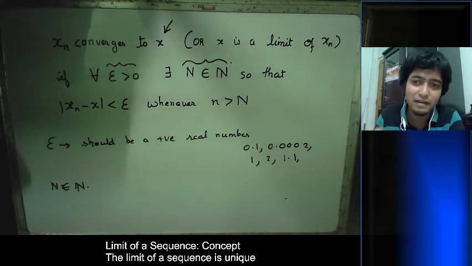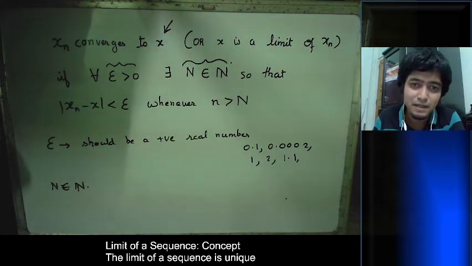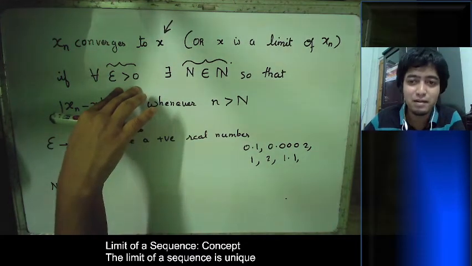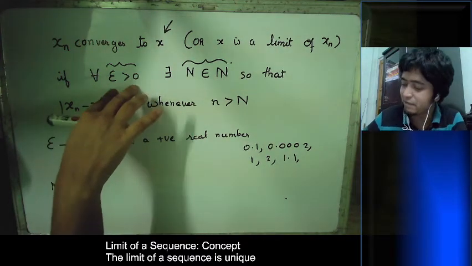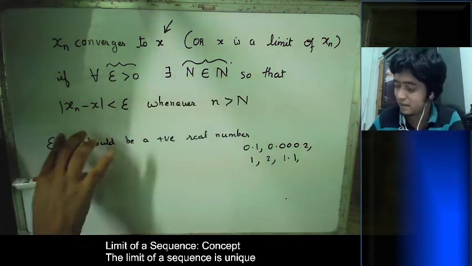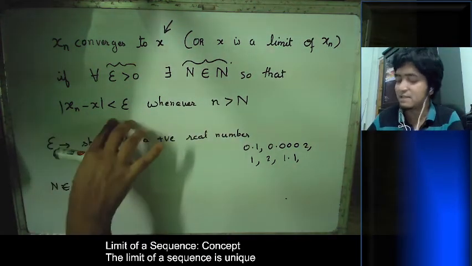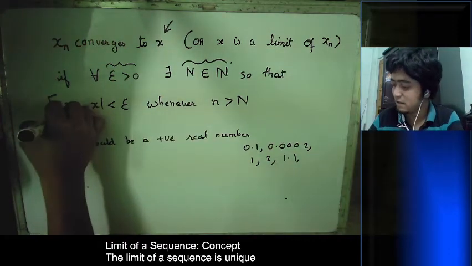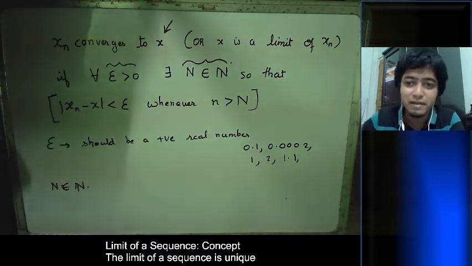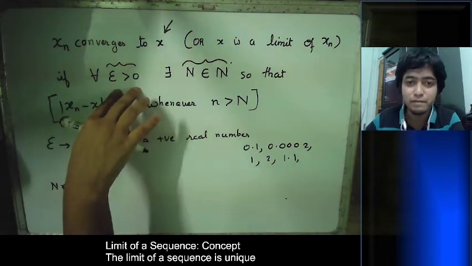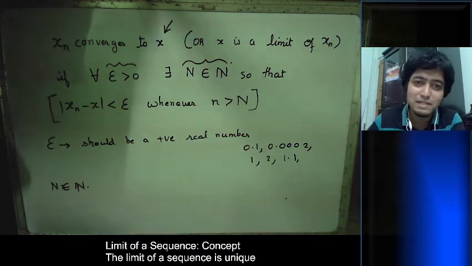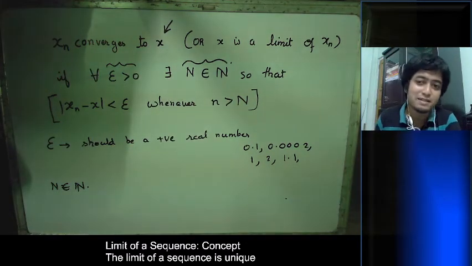And also think of this one as a game. The game is that I am giving you epsilon. I am giving you a real number, and you have to give me a natural number that satisfies this condition. If for every real number that I give to you, you can also give me a corresponding natural number, then we will say that xn converges to x.